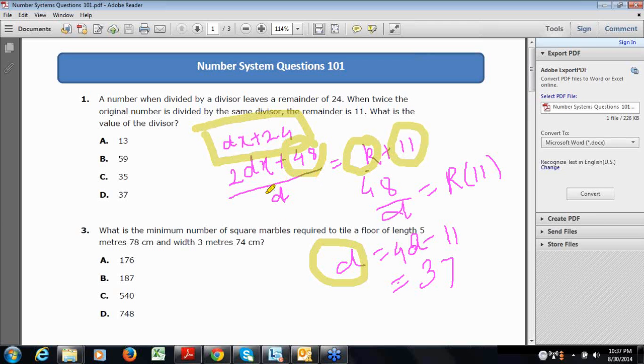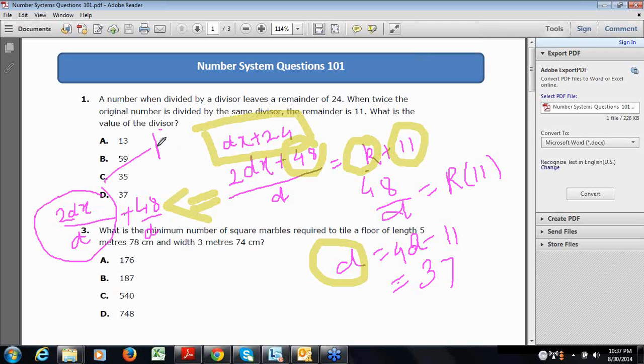Now we are dividing the number by D, so there will be a part which is fully divisible and there will be a remainder. So we have assumed this to be a K. Now consider this. It can be broken into 2dx upon D plus 48 by D. So this will be completely divisible.